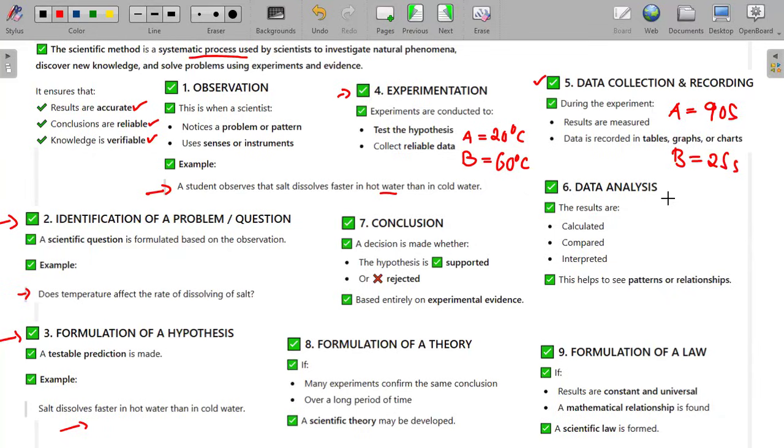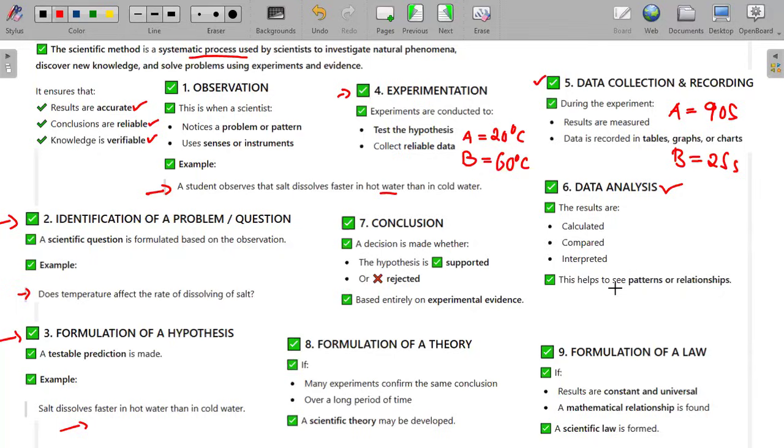And then from there, we just have to analyze the data that we've collected. That is step number 6, data analysis. Here I was saying the results are calculated, compared, and interpreted. This helps to see patterns or relationships.